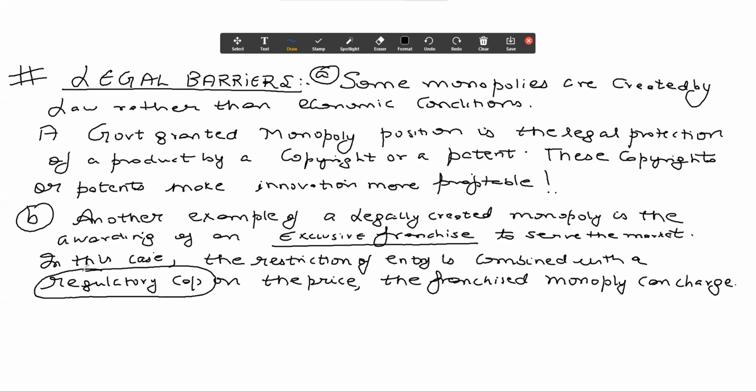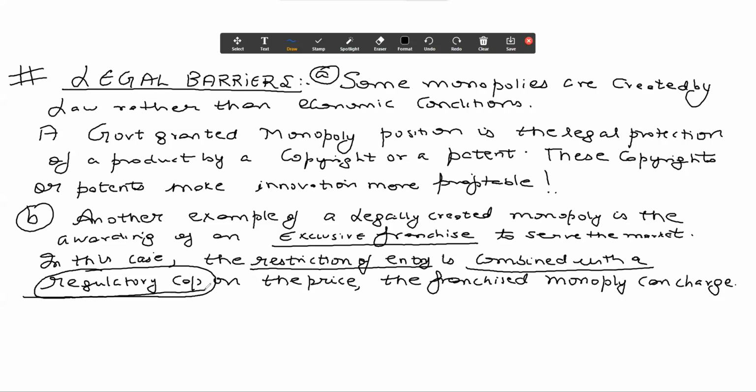So the restriction of entry is combined with the regulatory cap on the price the franchise monopolist can charge. So when the government is doing something for the monopolist by not allowing other firms to come and compete, the government also wants something in return. And what is that? A regulatory cap on the maximum price the monopolist can charge.